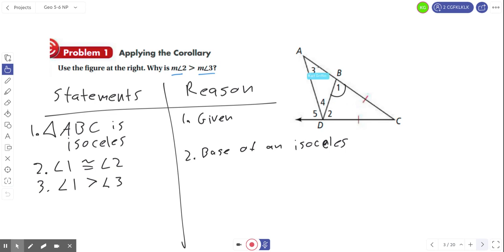Exterior angle, it's greater than this one or this one, but I'm only concerned with angle 3 right now. So angle 1 is greater than angle 3, and my reason for that is the corollary to the triangle exterior angle theorem.